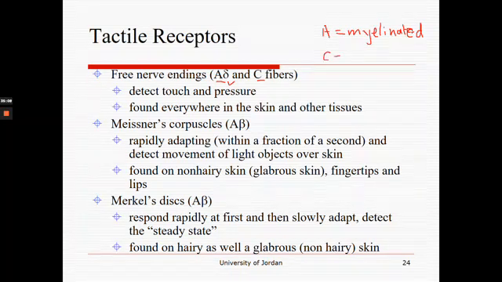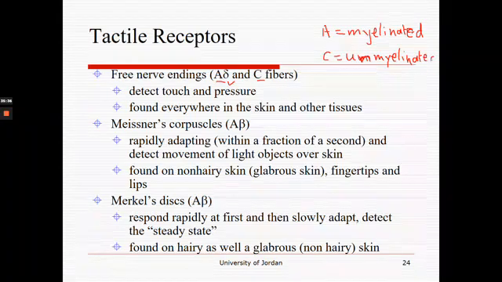C is unmyelinated. These free nerve endings detect touch and pressure. They are found everywhere in the skin and other tissues.